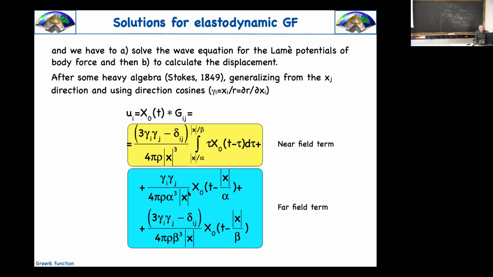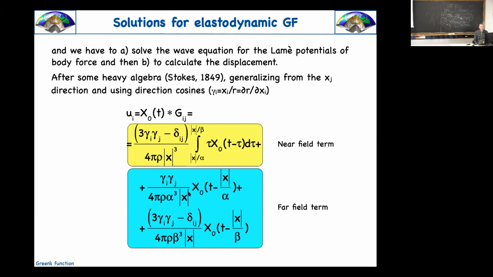The far field will be the dominant one when k, the modulus of the wave number, times the distance is much larger than 1. So when the distance is much larger than the wavelength.